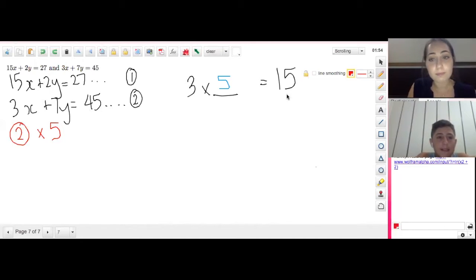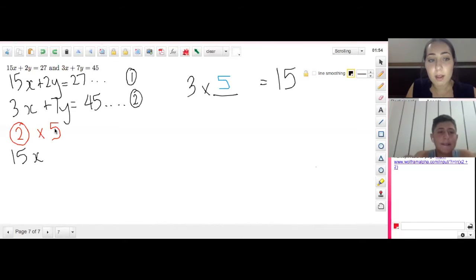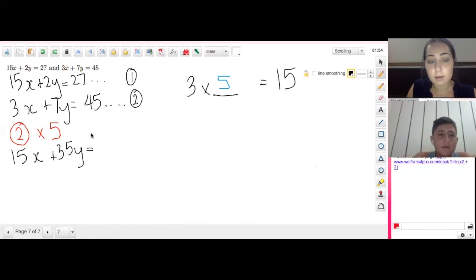So we end up with 5 times 3x, which is 15x. 5 times 7 is 35. We have 5 times 45, which is 225. And we're going to call this new equation, equation 3.